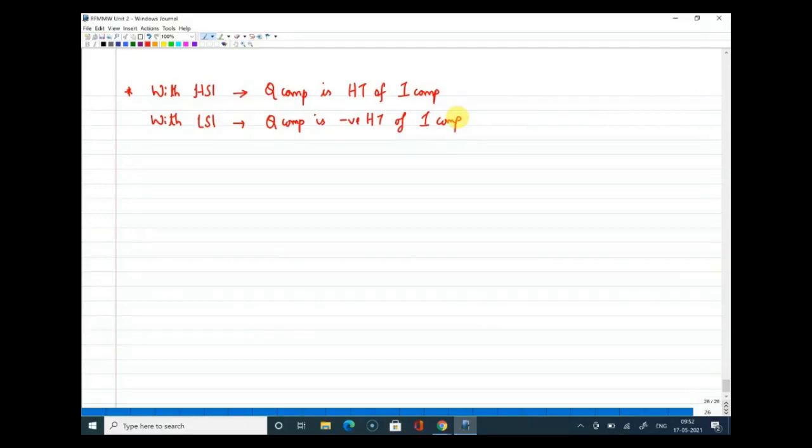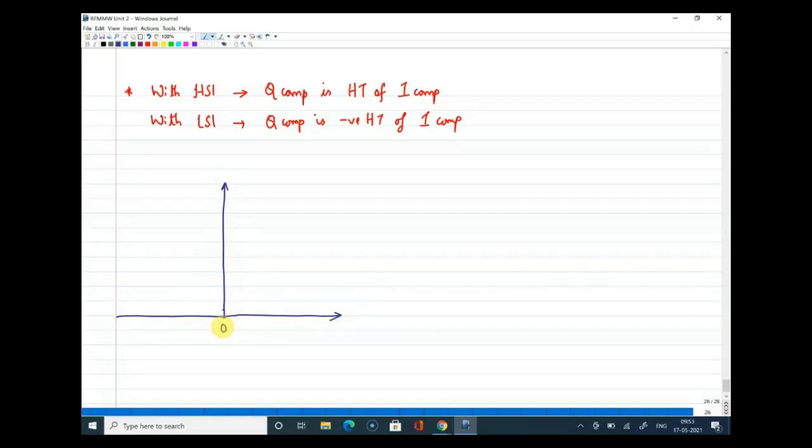Before proceeding to the image reject receiver architecture, let us look at how the input will look at the input of an image reject receiver. We'll just look at that now. If you are going for heterodyning, we know the problem of image exists there.